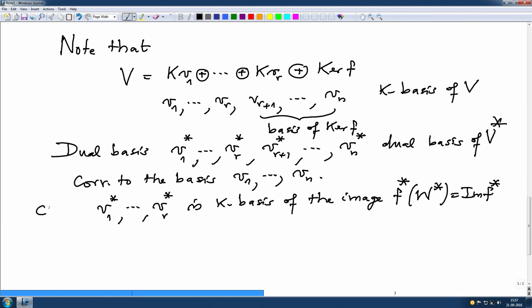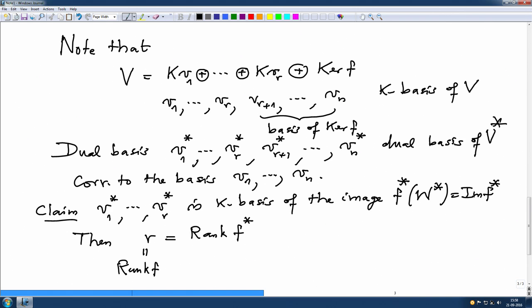That is the claim. Once I prove this claim, we are done. Then the number of them, that is R, is also the rank of F star. But this R was the rank of F. So that will finish the proof.